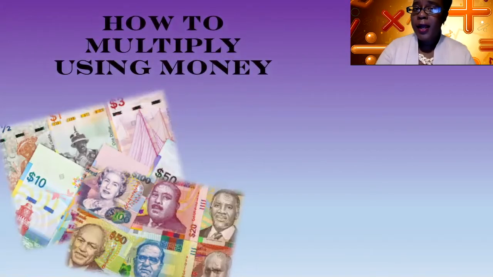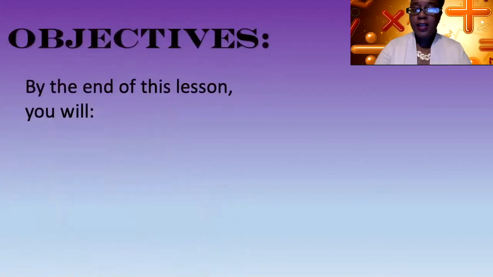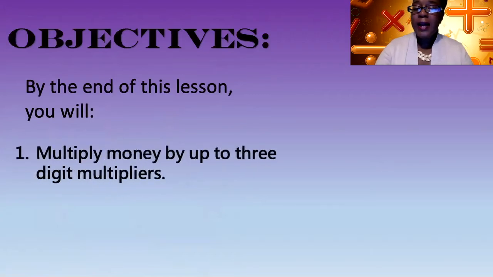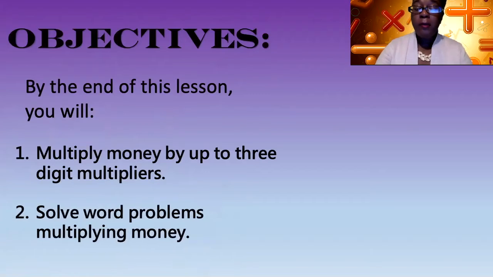Let's take a look at our lesson objectives. By the end of this lesson, you will be able to multiply money by up to 3-digit multipliers and solve word problems multiplying money.